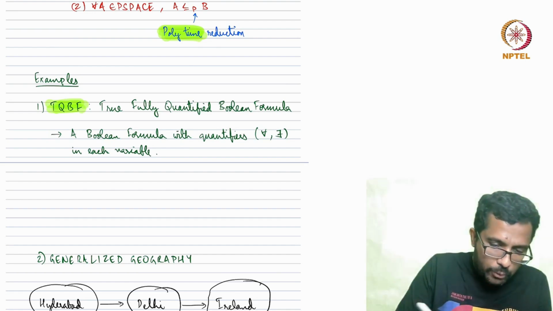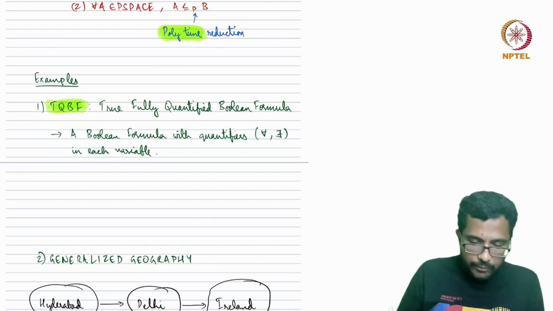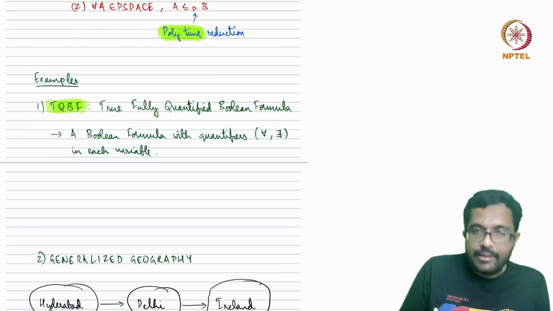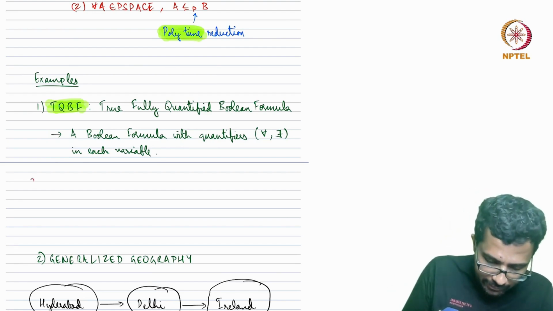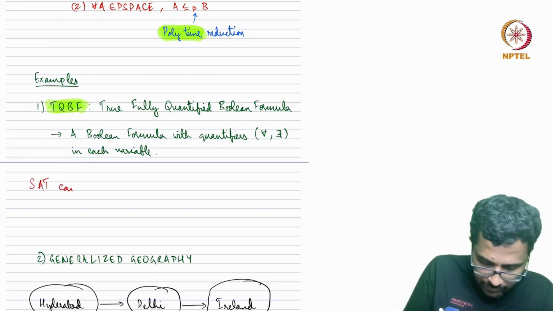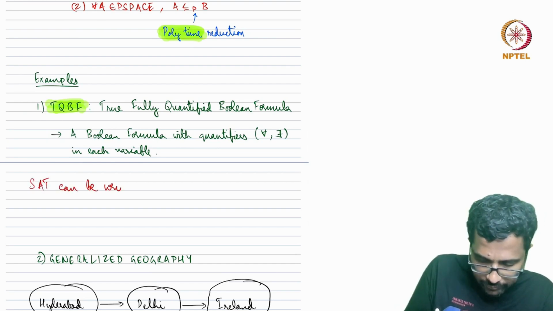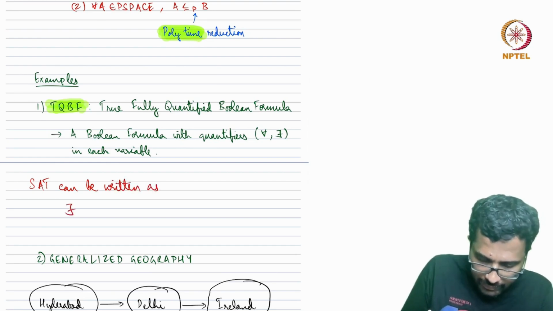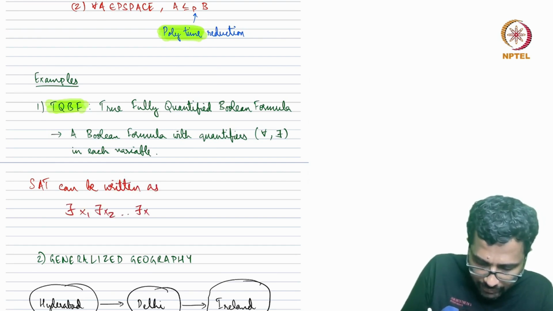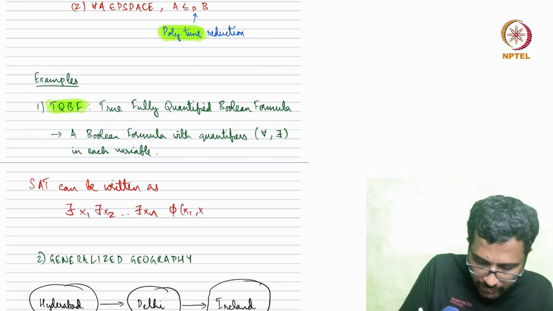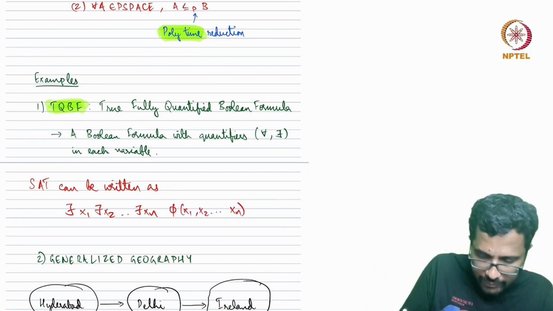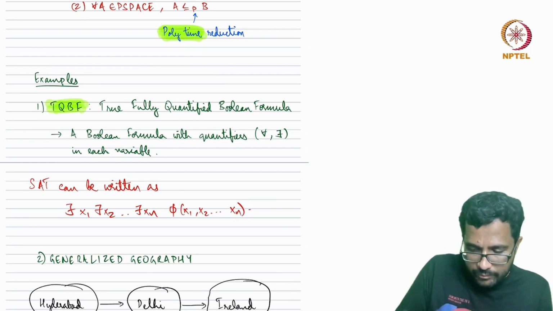So it's a Boolean formula with quantifiers. For instance, satisfiability can be written as: does there exist an x1, does there exist an x2, ..., does there exist an xn such that phi of x1, x2, etc. xn is true.